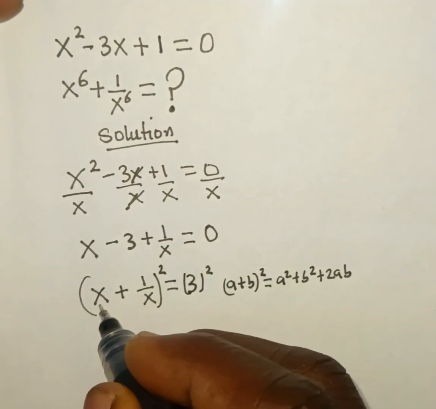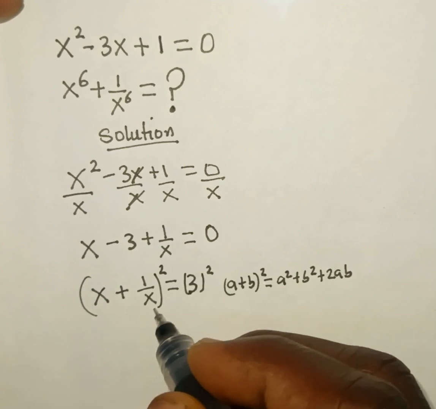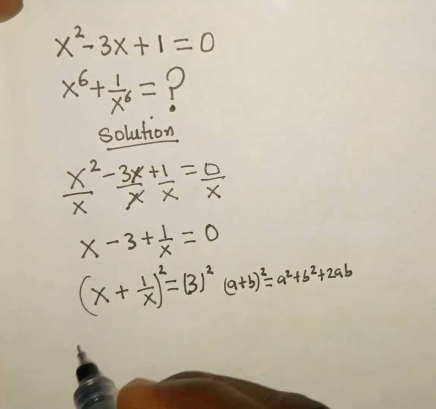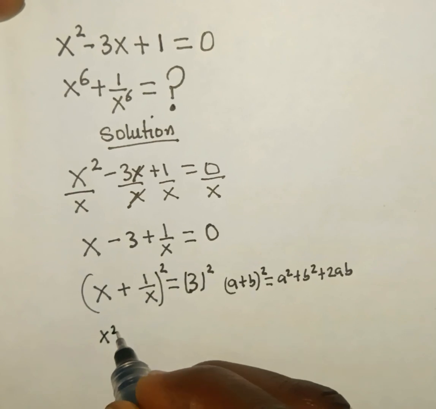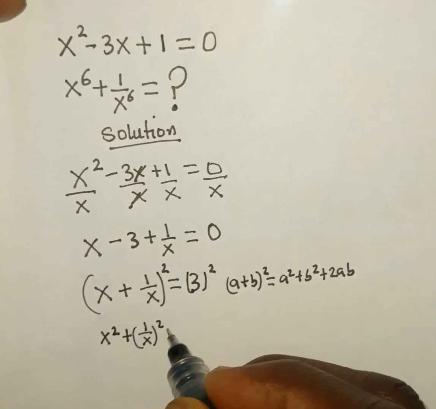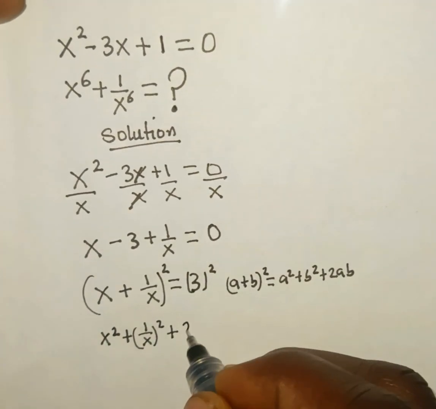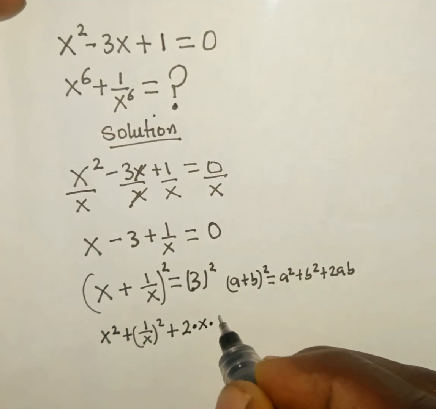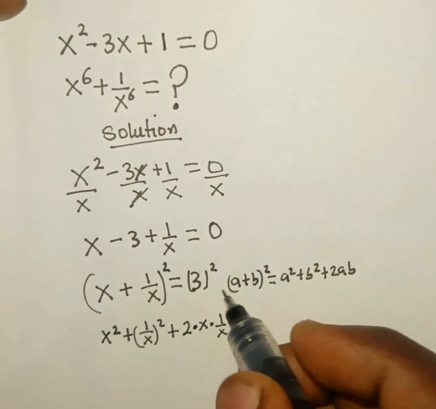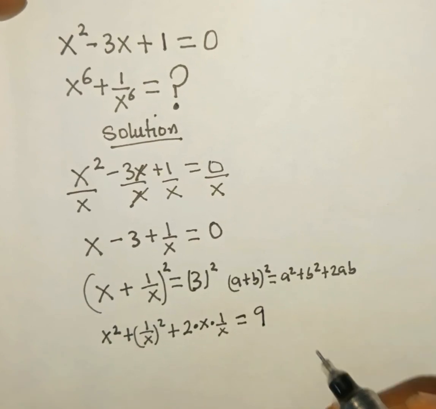So therefore, in this case, x represents a and b represents 1 over x. So to simplify in this form is going to be what? x squared plus 1 over x all squared then plus 2ab, which is 2 multiplied by x multiplied by 1 over x. Everything will be equal to 3 to the power of 2, which is the same as 9.